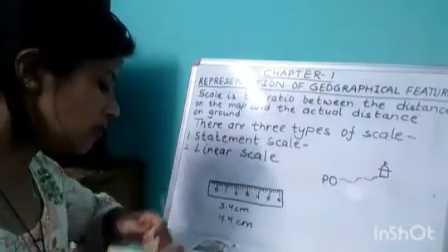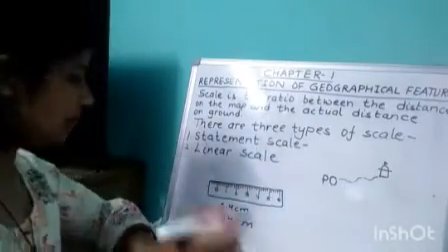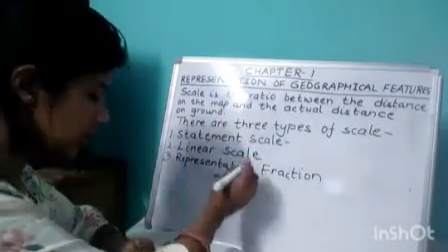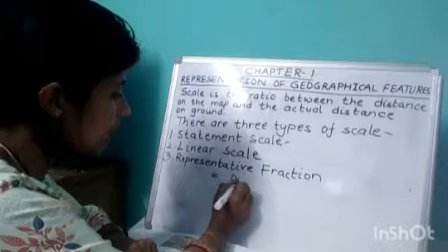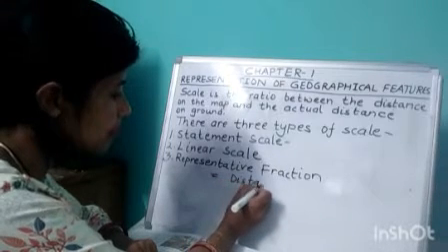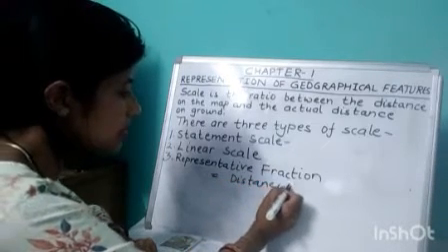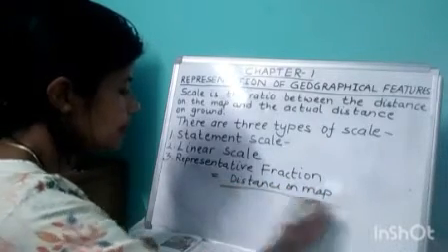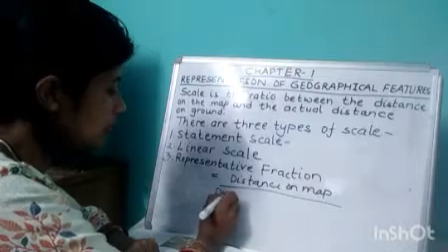Now third one is representative fraction. Representative fraction is equal to distance on map upon distance on ground.